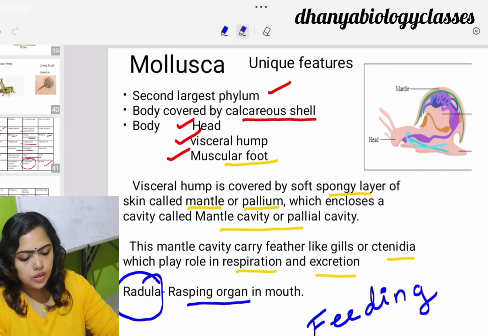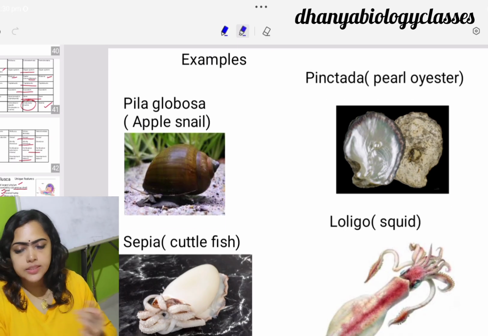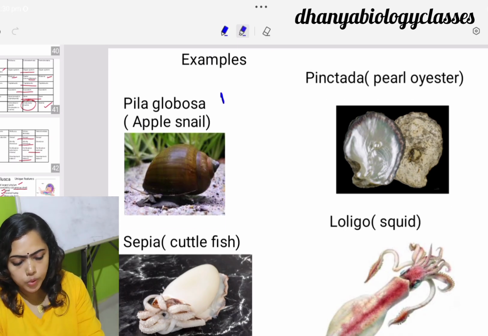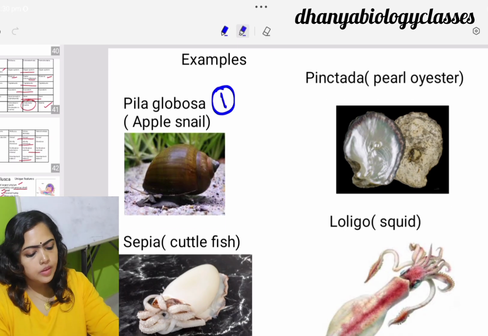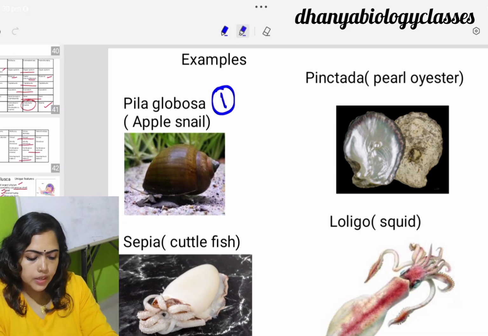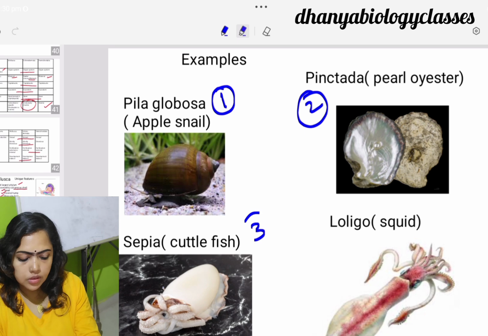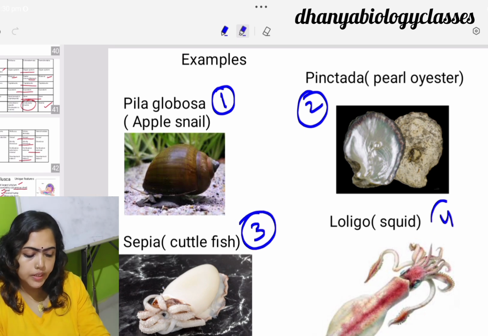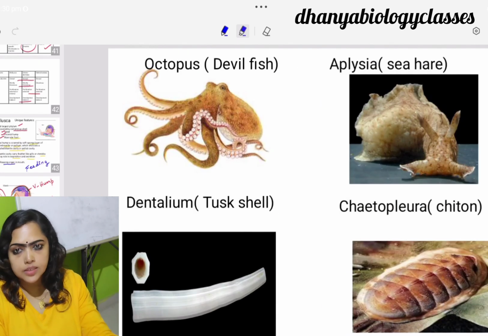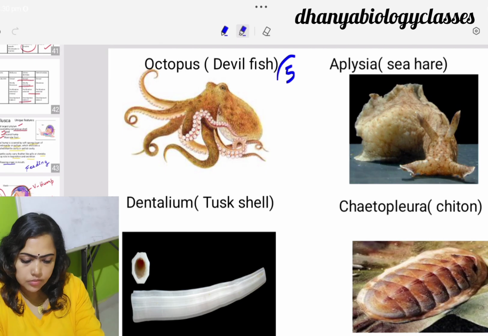And then examples. First one is Pila globosa or apple snail. And then Pinctada or pearl oyster. And then Sepia or cuttlefish. And then Loligo, that is what? Squid. And then the next example is Octopus or devilfish.